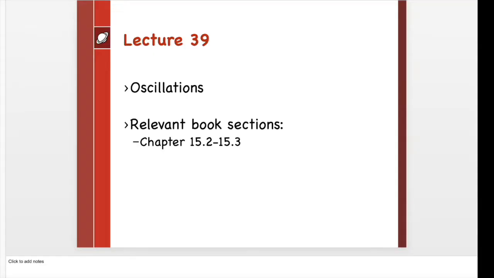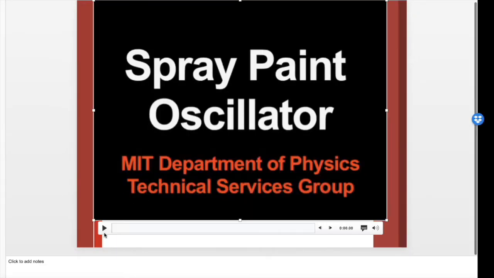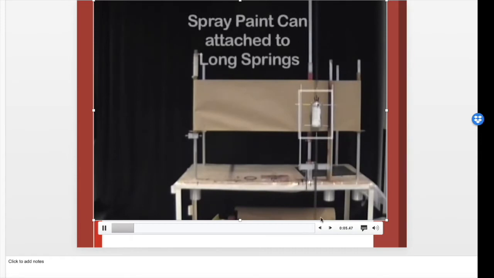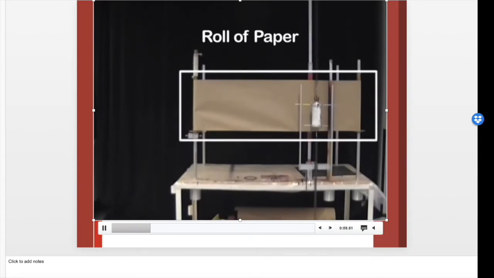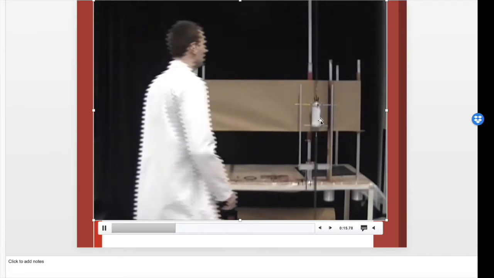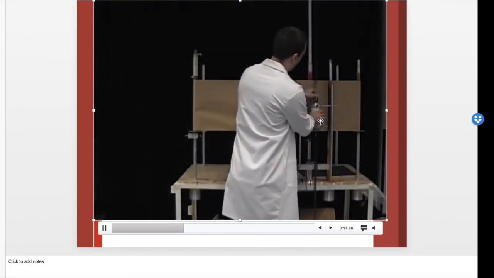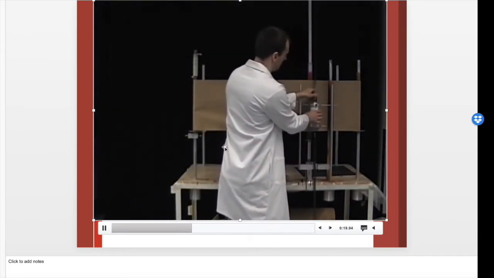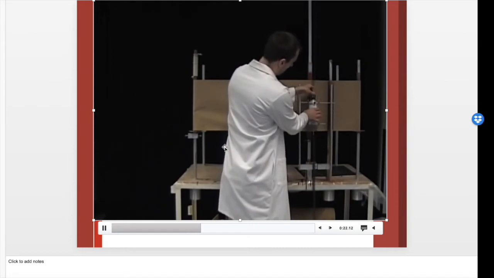And we saw that even in the case of something that takes data at finer points in time, like in the case of this spray paint oscillator, where the spray paint bottle is attached to a spring, so it will oscillate up and down. But then the spray bottle is constantly shooting paint, which allows us to record the vertical position of it as a function of time.